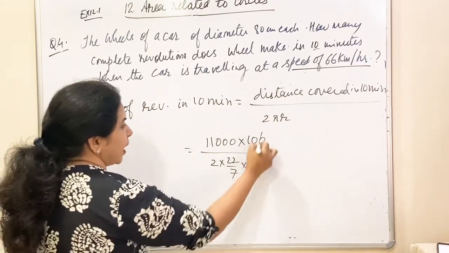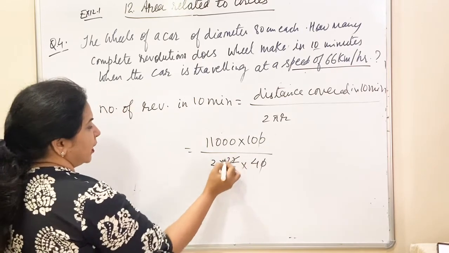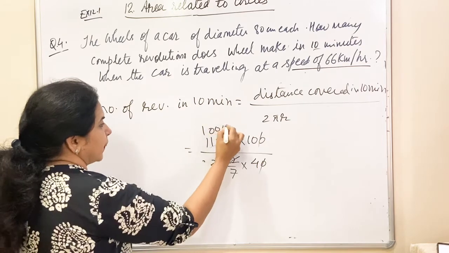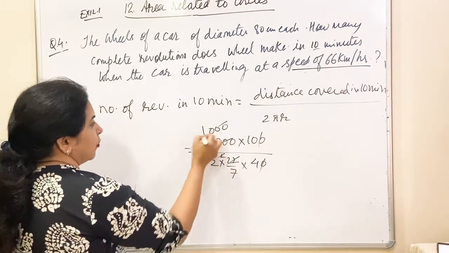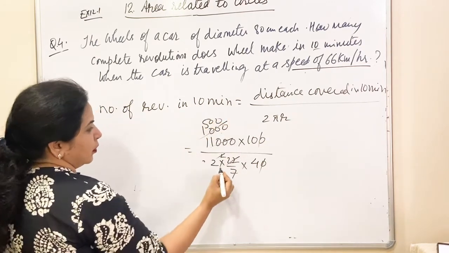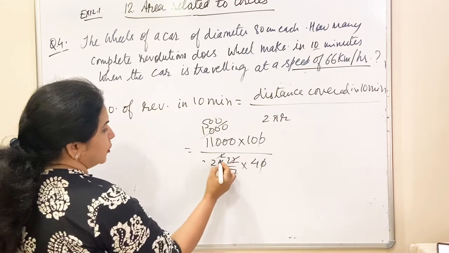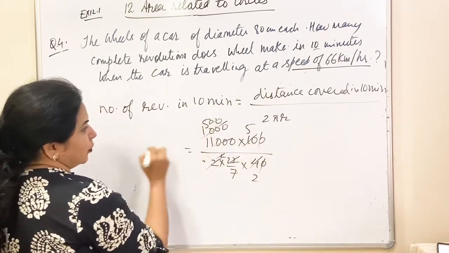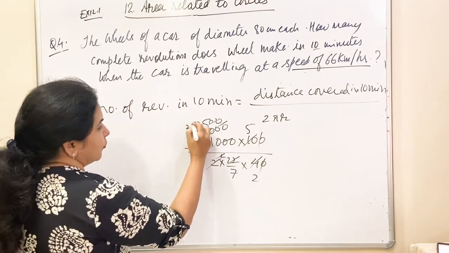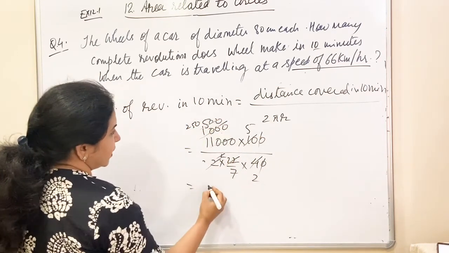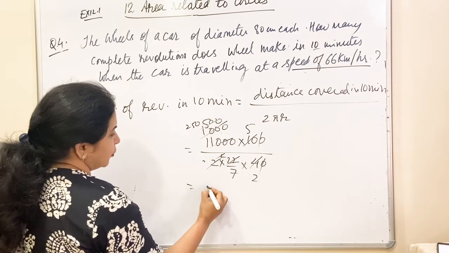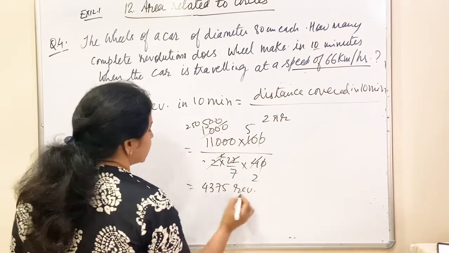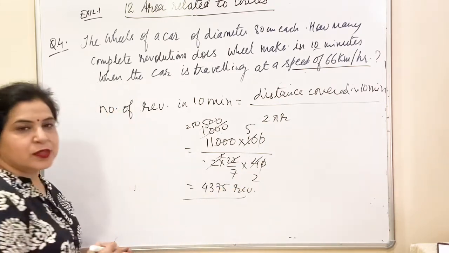After putting the value, you will get, 11 2s are 22, 11 1s are 11, and 4 2s are 8, 2 5s are 10, and when you multiply this by 7, you will get 4375 revolutions. So the number of revolutions is this, 4375.